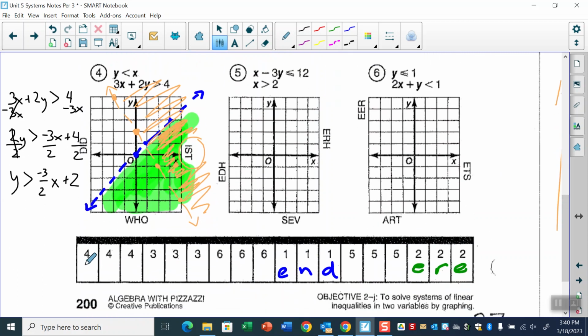So number 4 is going to be IST. So if you have standard form, you need to get it in this slope-intercept form here. And you can just do that in your journal so you have some room. All right, that's page 23.